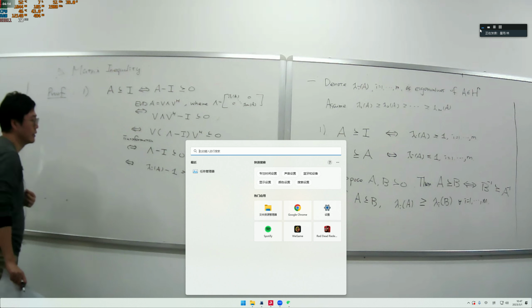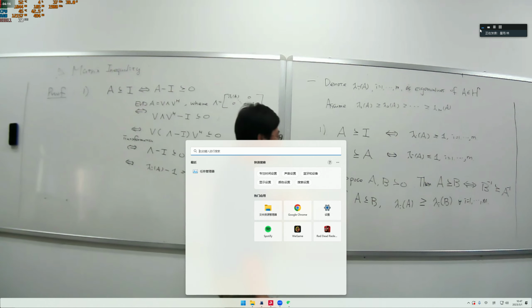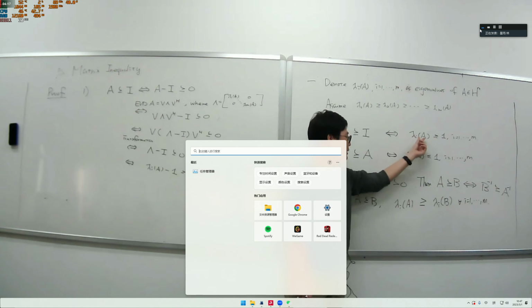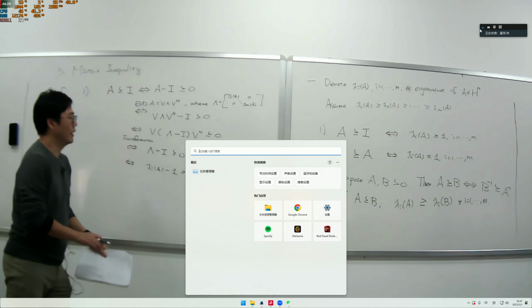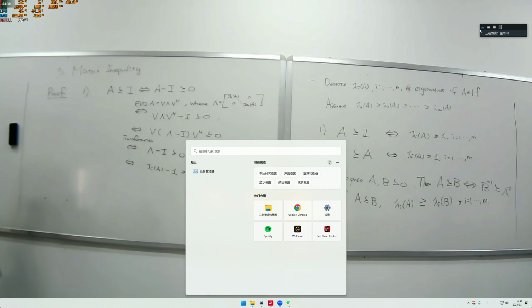Eigenvalue is a nonlinear function of A, but this representation is linear in A. So this can be much more convenient in some applications.